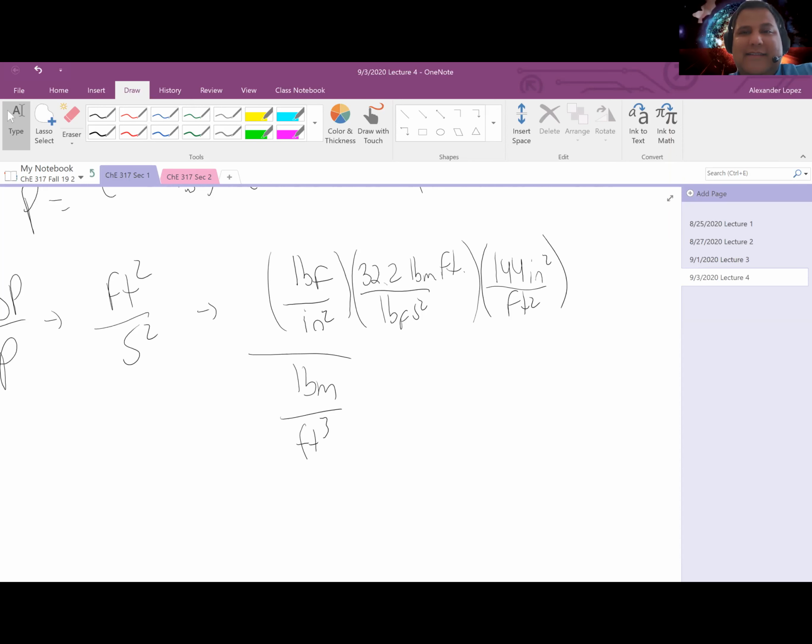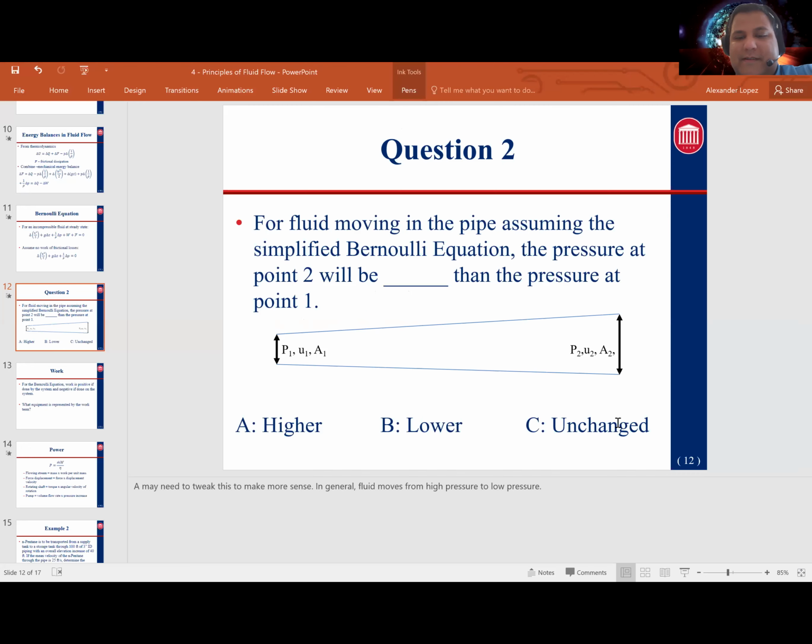All right, let's look at a question and we'll talk about it. Go away, discussion. So I have a fluid moving in a pipe, assuming the simplified Bernoulli equation, meaning there's no work or friction.